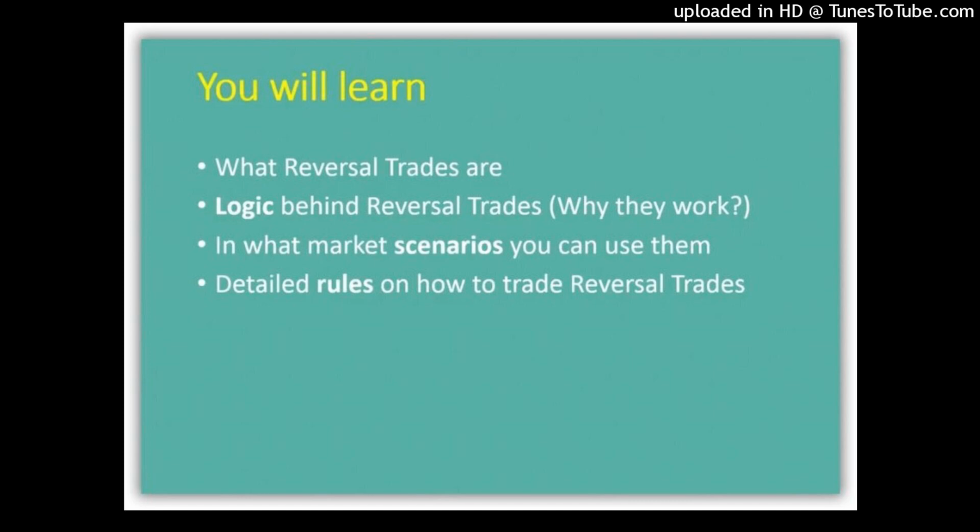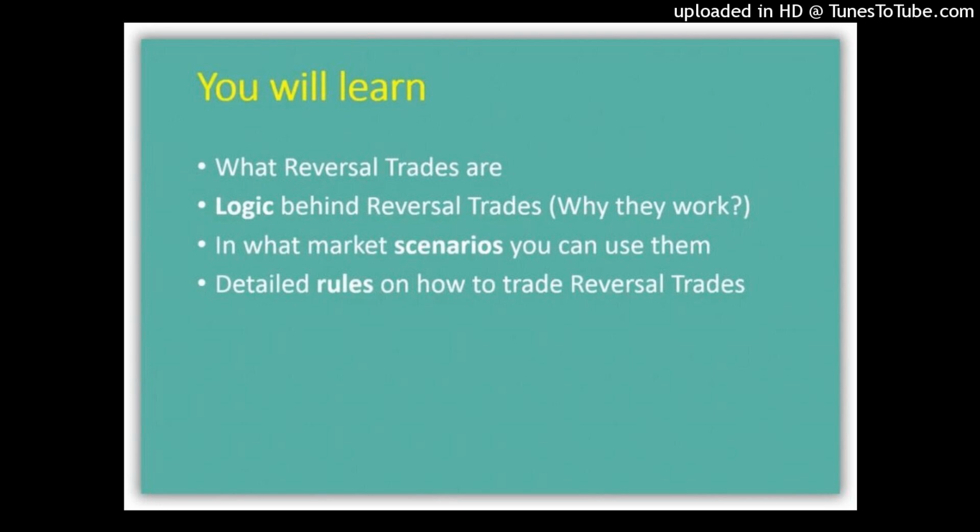That's rule number 1. Next rule is don't take the reversal when the original level worked. So when there is a reaction to the original level, this is the original level, when the price reacts to it, as it should, then you don't trade a reversal.